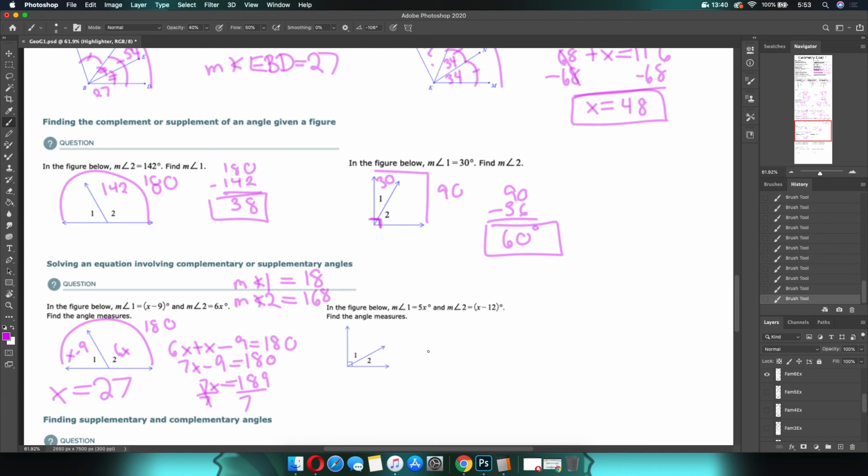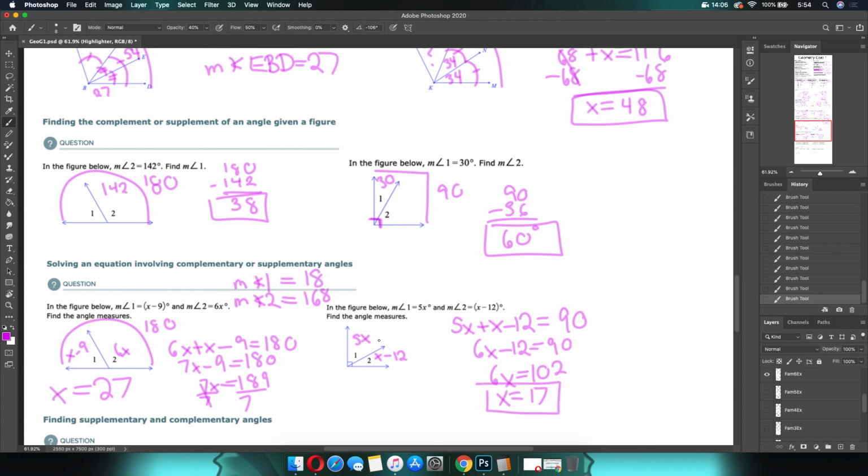This one, we're adding them up to 90. The measure of angle 1 is 5x, and then this is x minus 12. So 5x plus x minus 12 equals 90 because this is a right angle. These are complementary angles. So 6x minus 12 equals 90. 6x equals 102. Divide by 6, divide by 6. X equals 17.